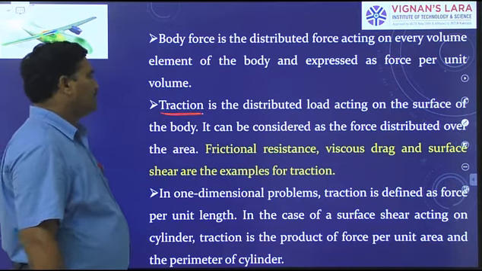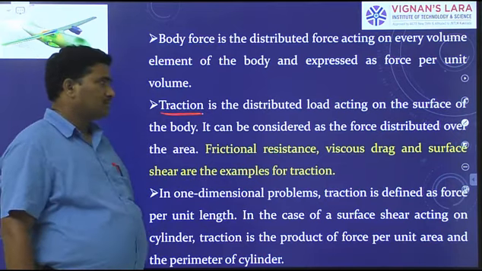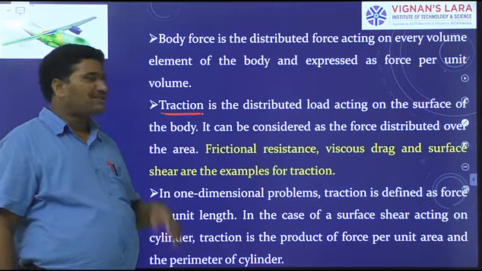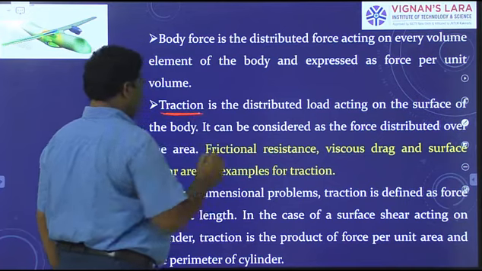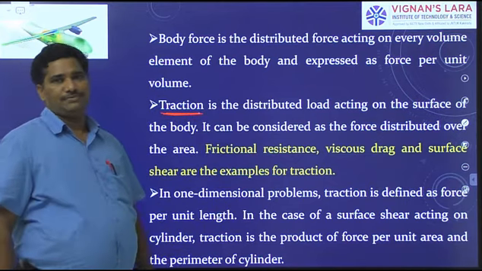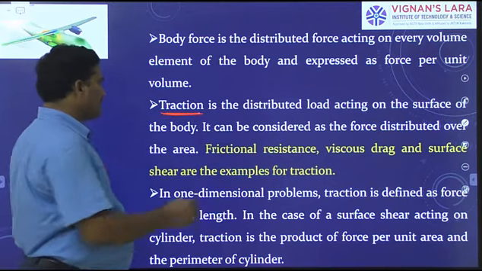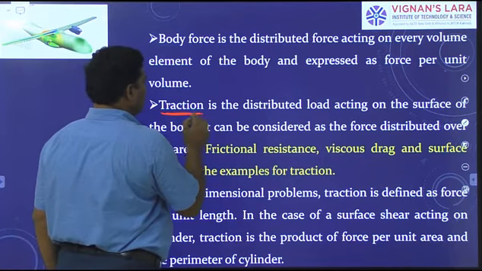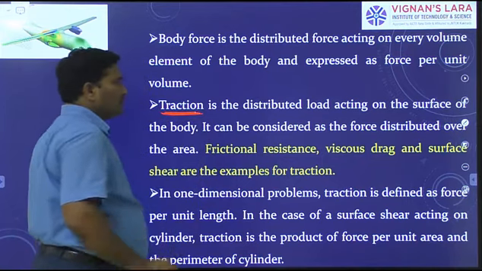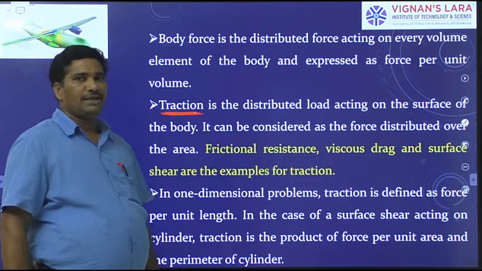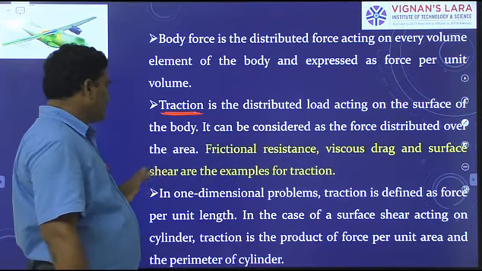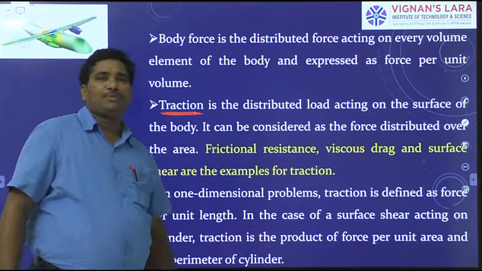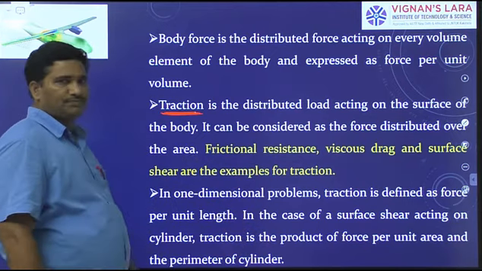Therefore, we can consider this traction as the force distributed over the area. Okay. As I said, frictional resistance, viscous drag and surface shear are the examples for surface traction.